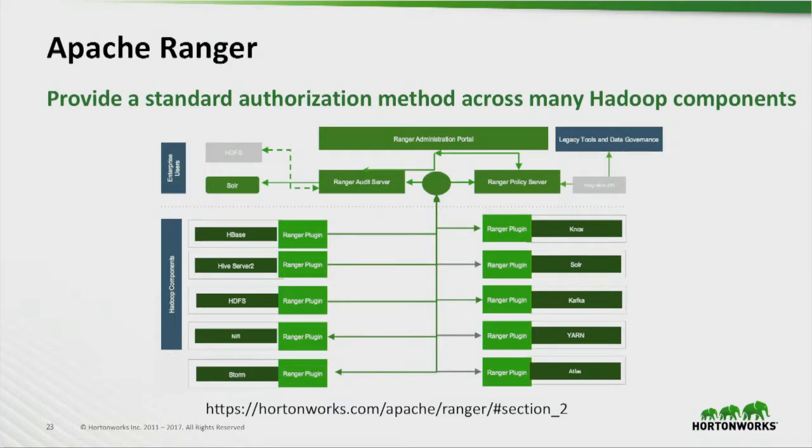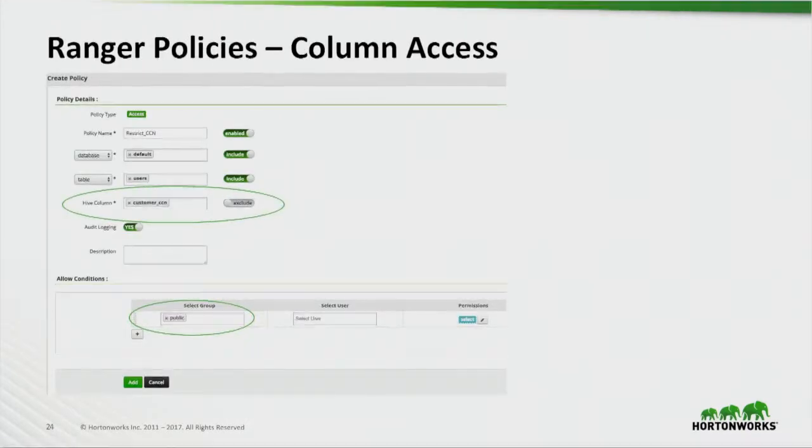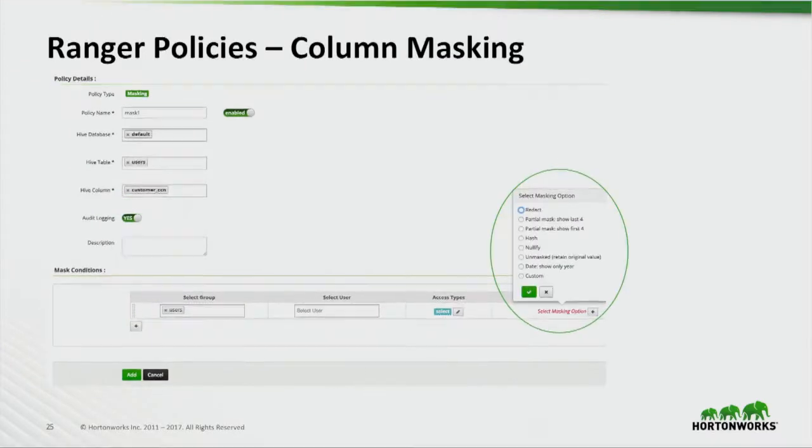Dongjun already touched on it a little bit, but I'll talk about some of the Ranger policies that exist to govern access to table data. Ranger has column access policies. Basically, you can allow or disallow columns from being read by the user. There are column masking policies. That allows you to apply transformations on the column values rather than showing the full contents of the data.